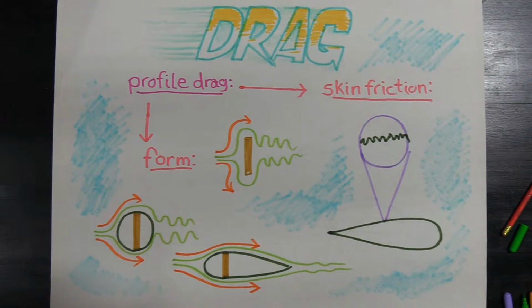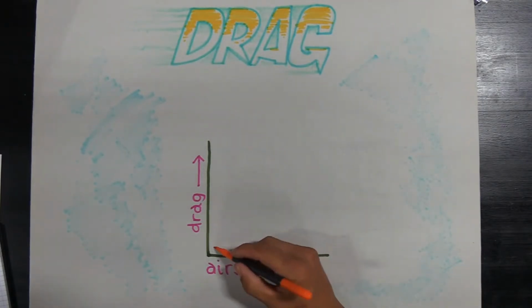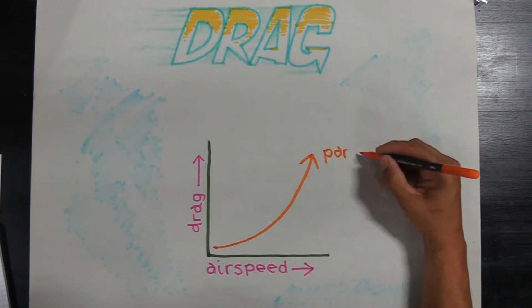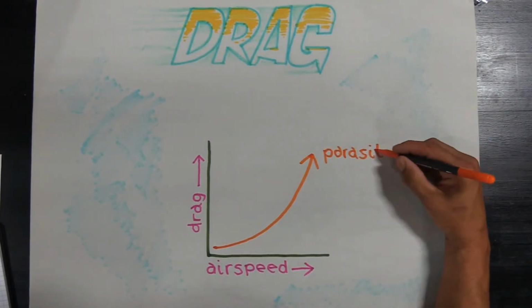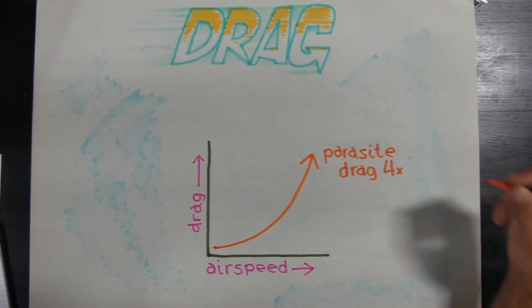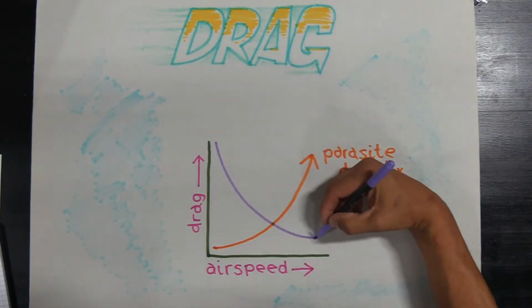Profile drag only affects airfoils, so we're talking about airfoils here. So what I've done is I've graphed all the drags. Now as a note, profile drag stays pretty low until you really get to higher airspeed. So it's not really super bad in our speed range, it's mostly higher airspeed that starts to come in. So we have parasite drag, which starts low and takes off really quickly. Remember, it's squared.